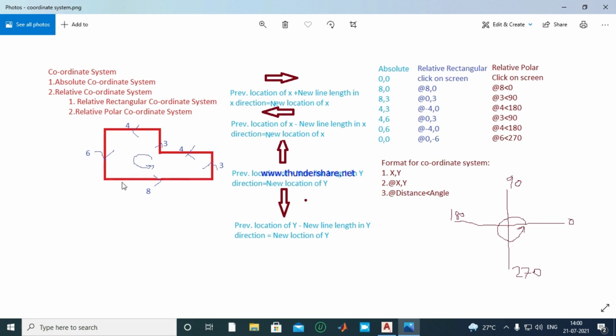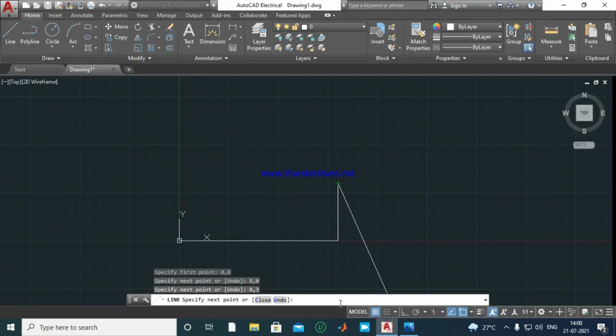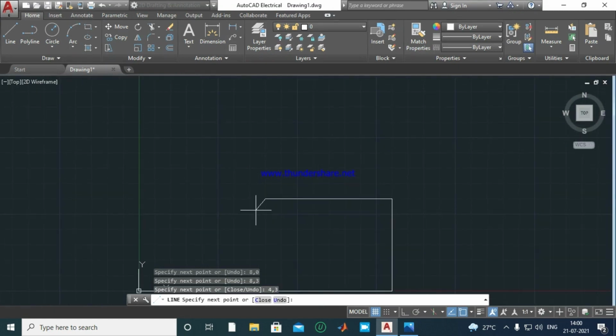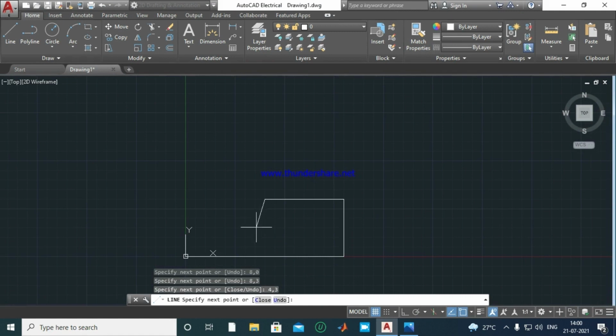The previous value of x is 8 and the new line length is 4. So 8 minus 4 gives 4. The new location of x is now 4. And what about y? It is 3 only. So I am going to give 4, 3. This way the line is drawn in the backward direction.